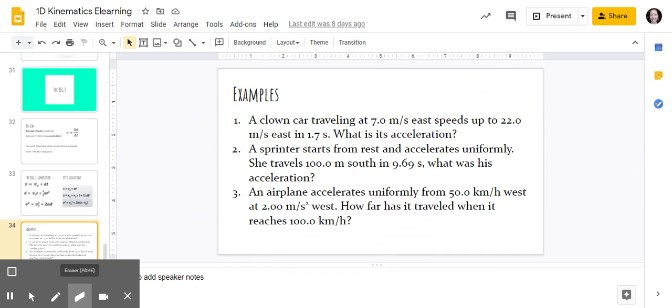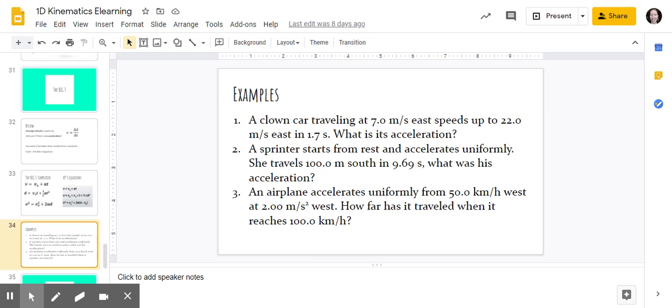Other thing to note, when you're doing practice problems with these things, sometimes you'll be given values that are in kilometers per hour or some unit other than meters per second. So remember our special number, that 3.6 number that we can use to either divide or multiply something by to go from kilometers per hour to meters per second.